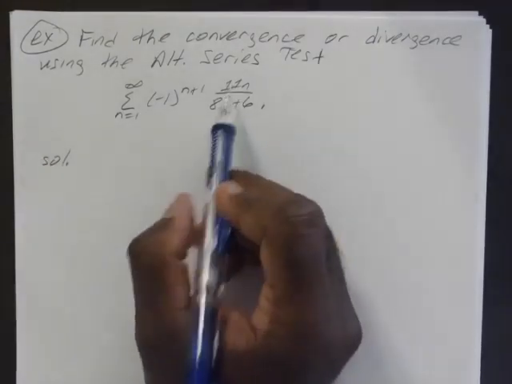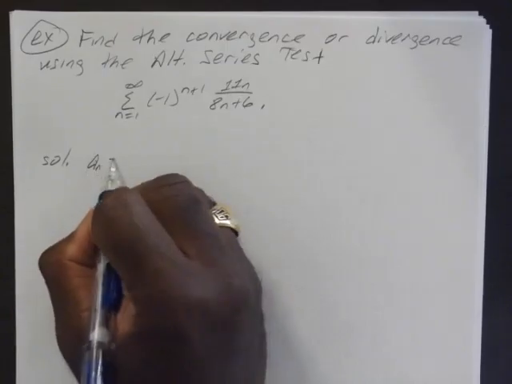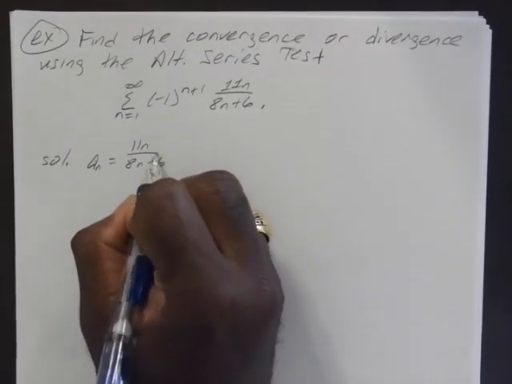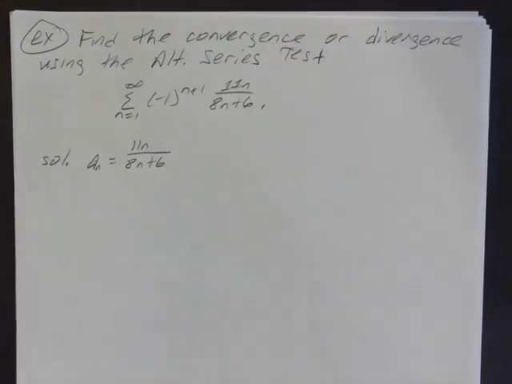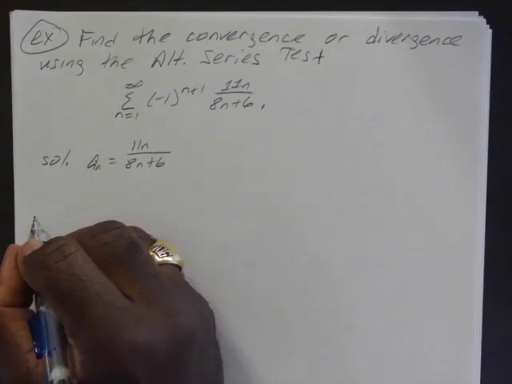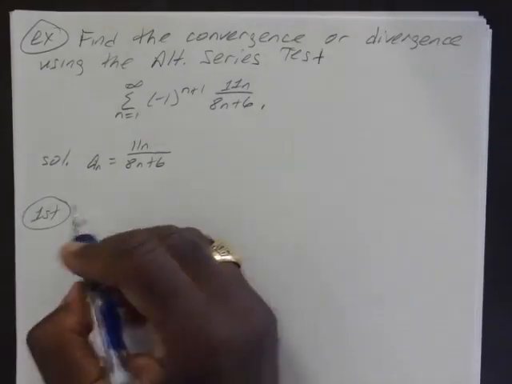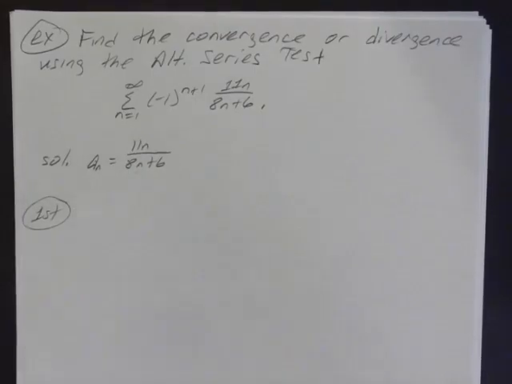Okay, so we're going to let our a sub n equal 11n divided by 8n plus 6. Now we have to test the first condition. This limit has to equal 0.